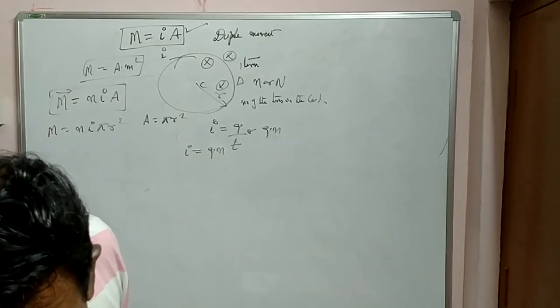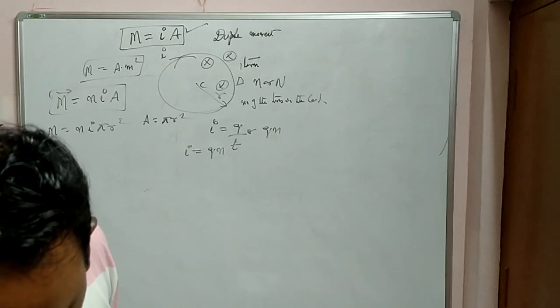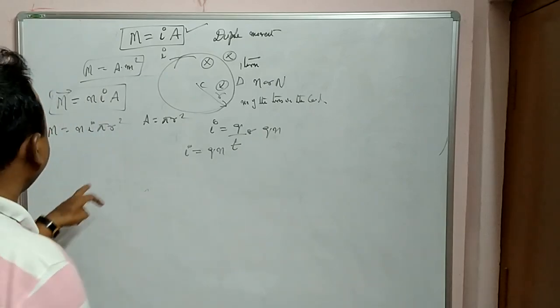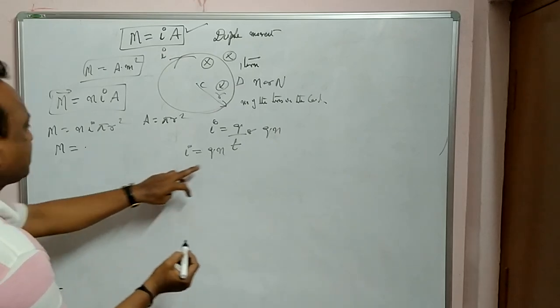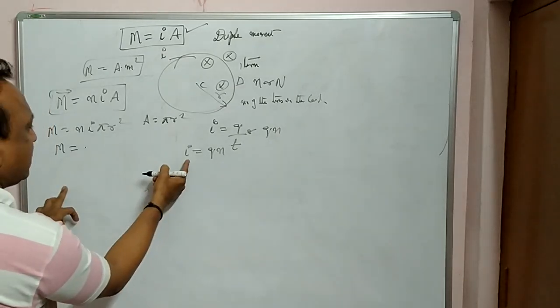Now I will try to change this formula in terms of current. That is, the magnetic dipole moment in terms of current. So what do I do here? What is I?